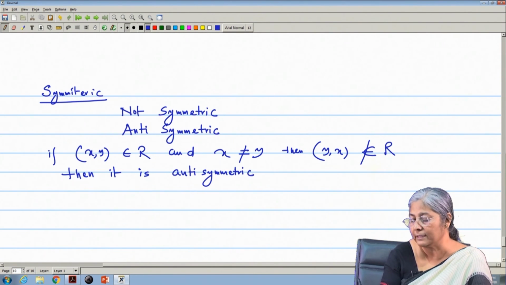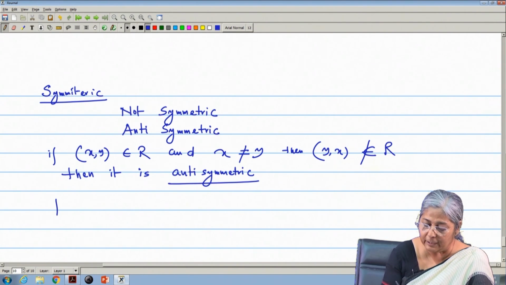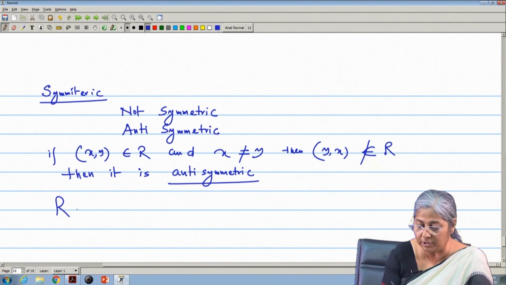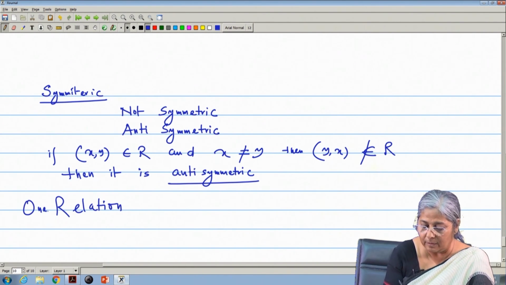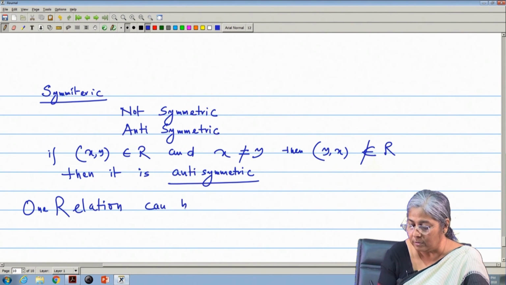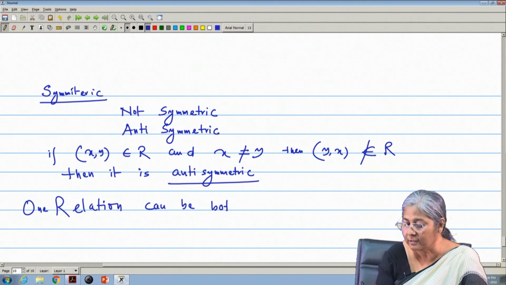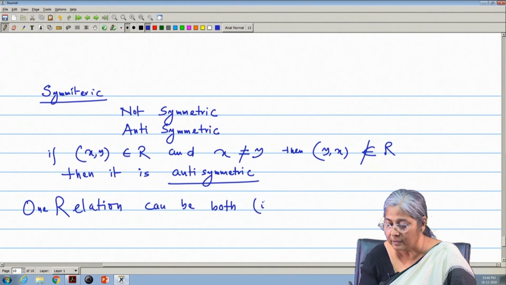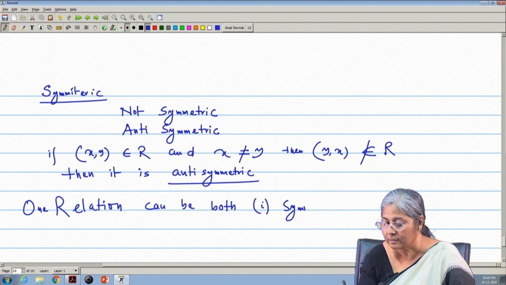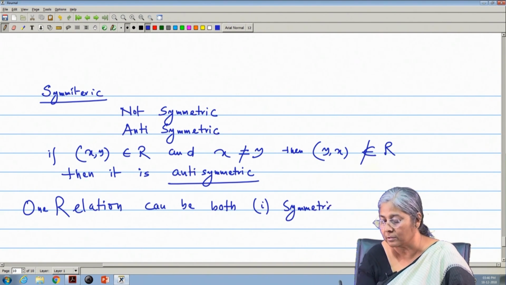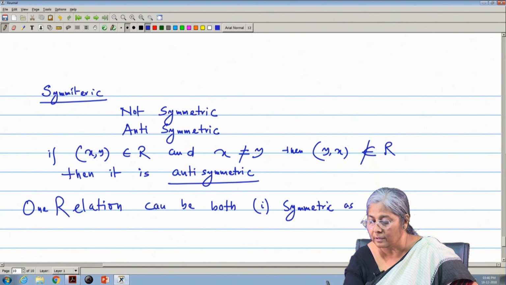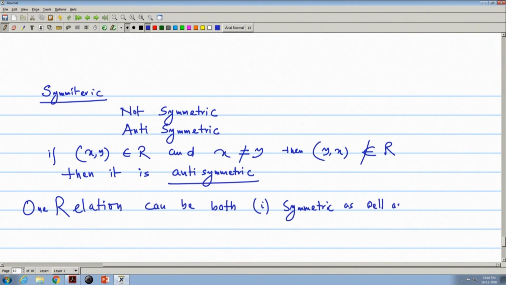One very funny thing is that one relation can be both symmetric as well as antisymmetric.